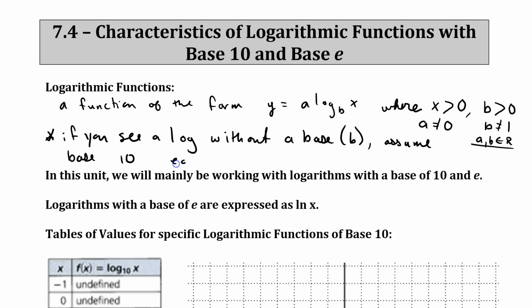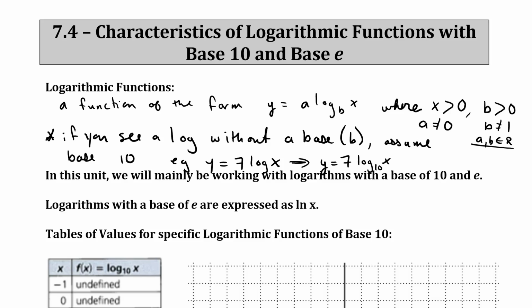So for example, if you see a function y equals 7 log x, that's just the same as y equals 7 log base 10 x.